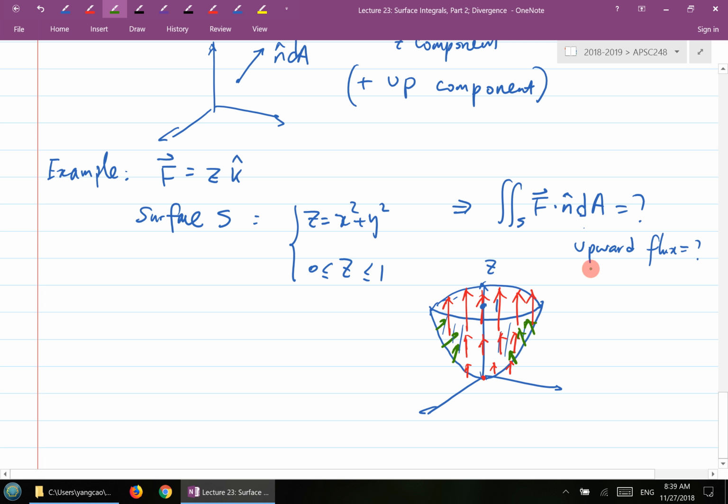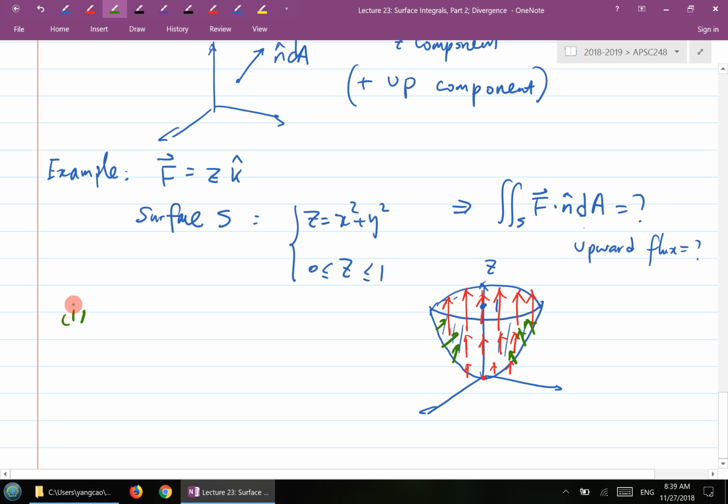Because I wanted upward flux here, right? So, okay. Now I'll ask you a question. Before you even start to calculate, what do you think the value of this surface integral would be?